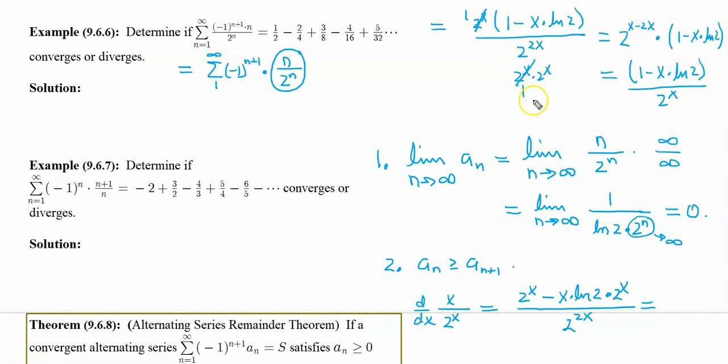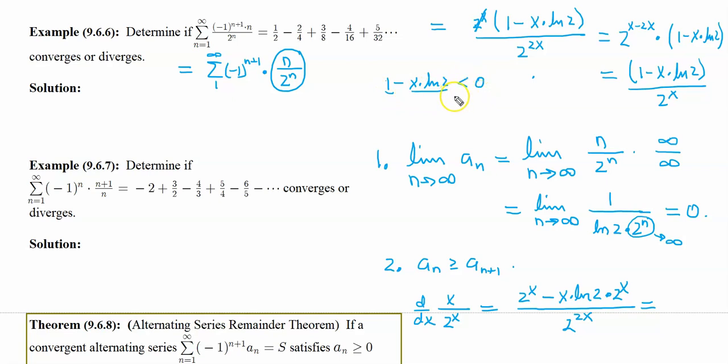Okay? So anyway, what we have now, if we consider this function that we have right here, for x sufficiently large, you should be able to see that the numerator up here is going to be negative, right? Because eventually 1 minus x times the ln of 2 will be negative, right? As x gets larger and larger, this term will dominate the number 1, of course, and this will be negative.